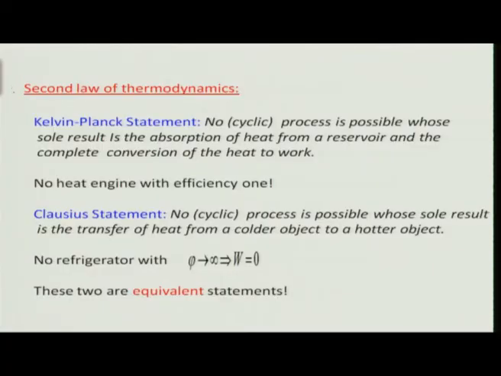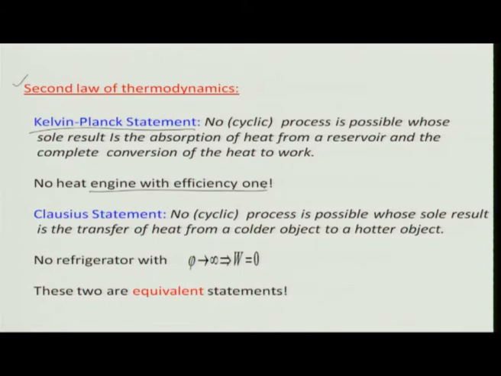So, again recall the second law of thermodynamics, that is the essence of the last lecture. Two statements which are equivalent. One is the Kelvin-Planck statement. The Kelvin-Planck statement refers to an engine and tells us that we cannot have an engine whose efficiency is 1.